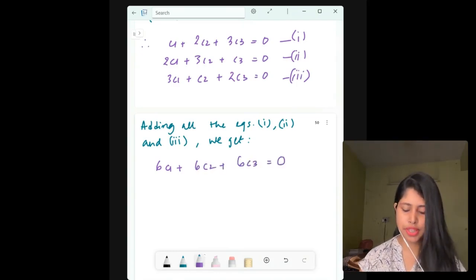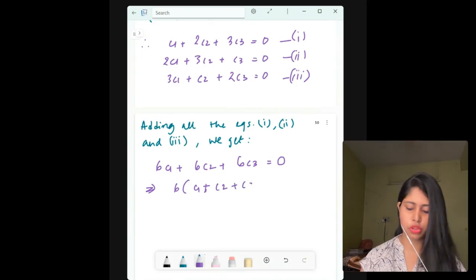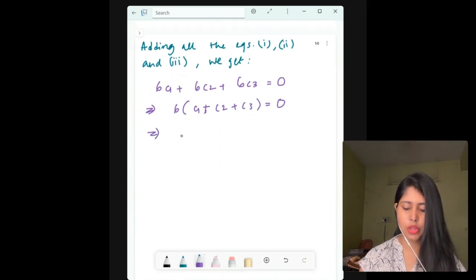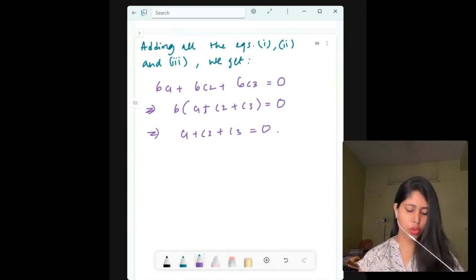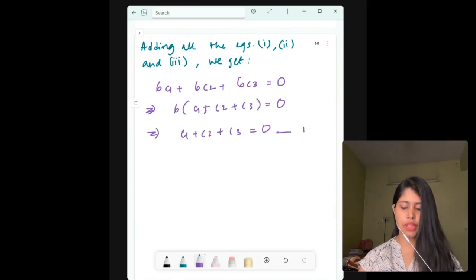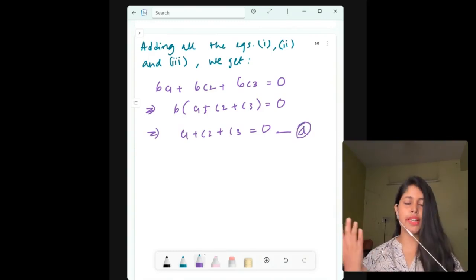If we factor out the 6, we get 6 times (c1 plus c2 plus c3) equals 0. From here we get c1 plus c2 plus c3 equals 0. This is a very crucial part of our solution. Let us name this equation A, or just say it is a result.